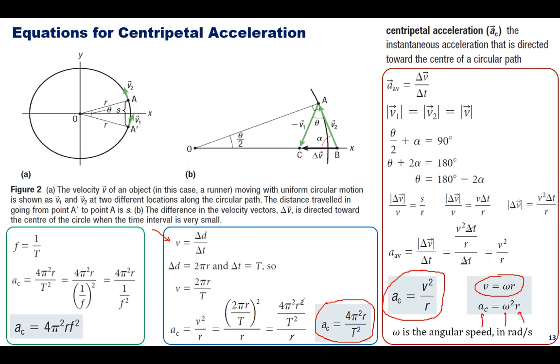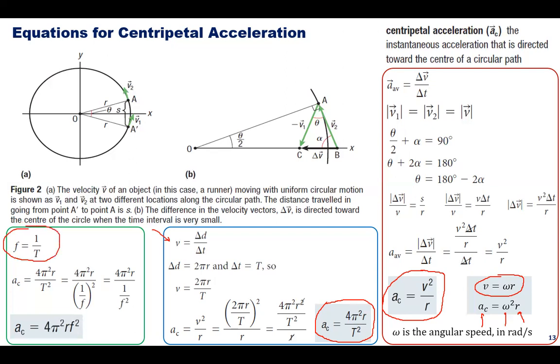Okay, on the other hand, for high rotational speeds, frequency is the preferred quantity of measurement instead of period. So the frequency, which is usually denoted by lowercase f, equals the number of revolutions per unit of time, or by this relationship here, f equals 1 over T, right?